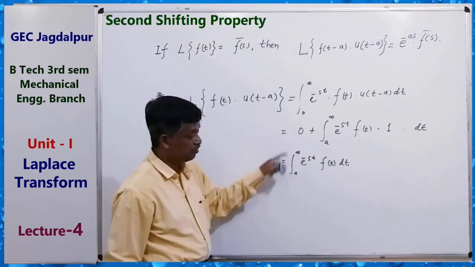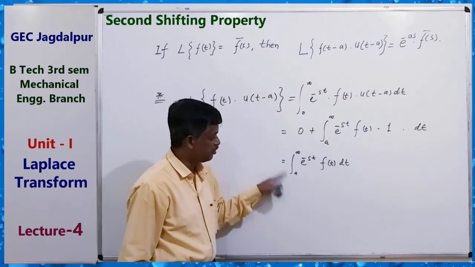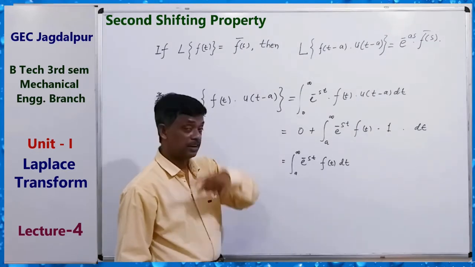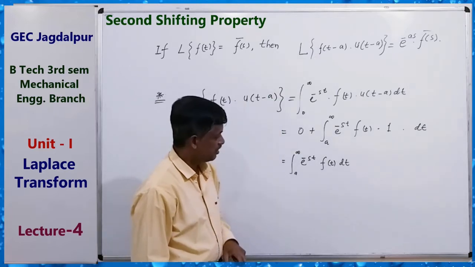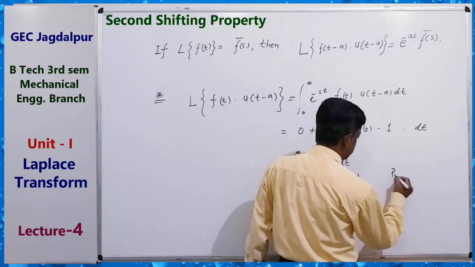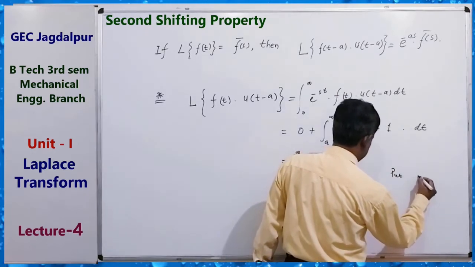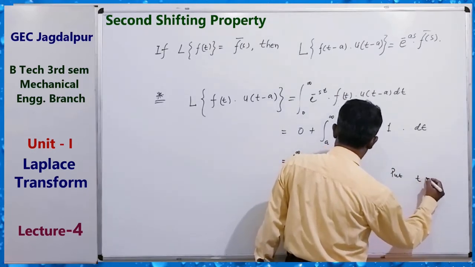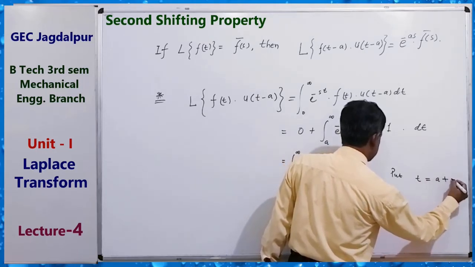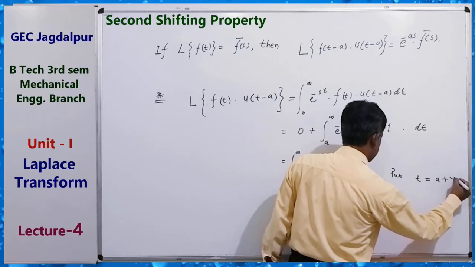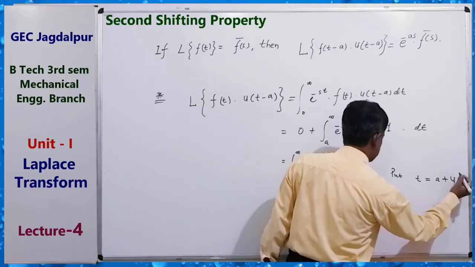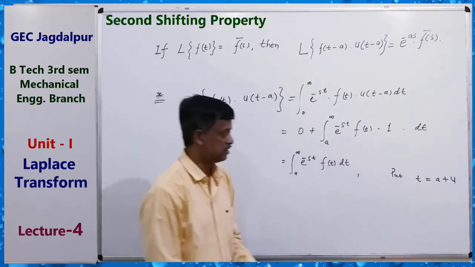It is a to infinity, not 0 to infinity. So for solving this in terms of that formula, we also put t equals a plus u.